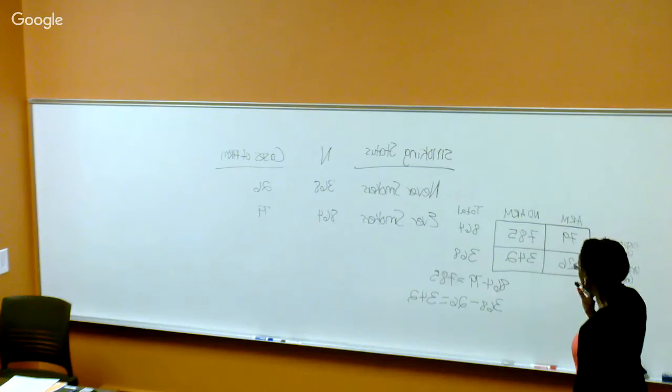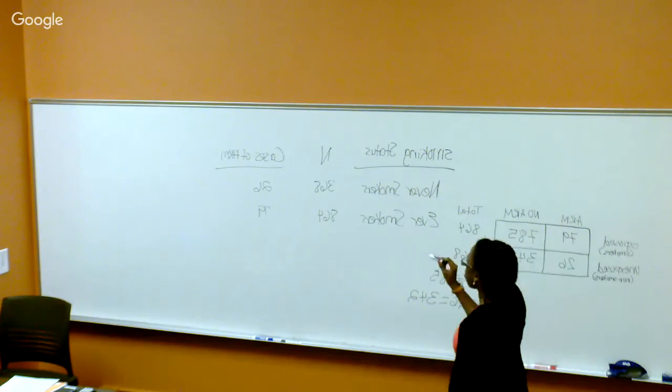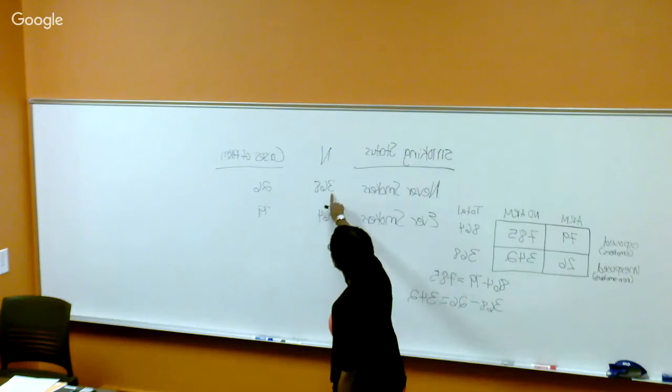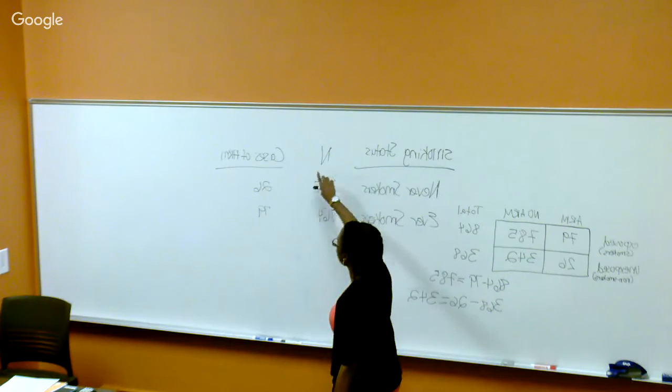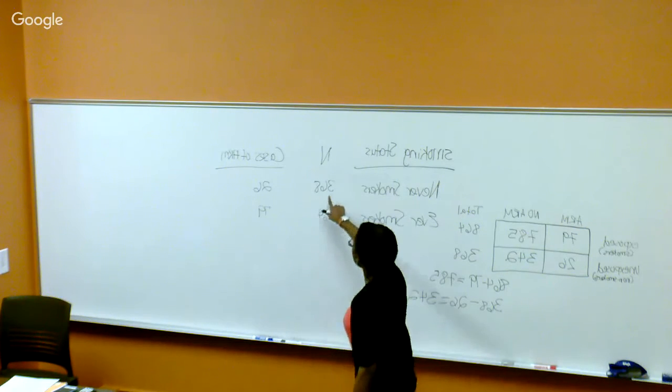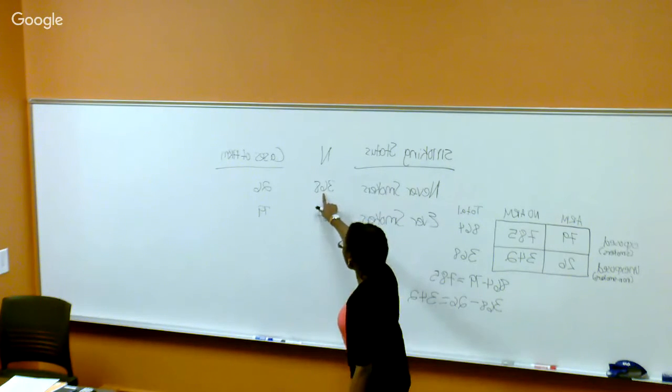Okay. And then it told you that the total number of people that never smoked was 368. Like I was saying before, anytime you see a big N, that means this is a total amount of something. So you know that your row total for your non-smokers should be 368.